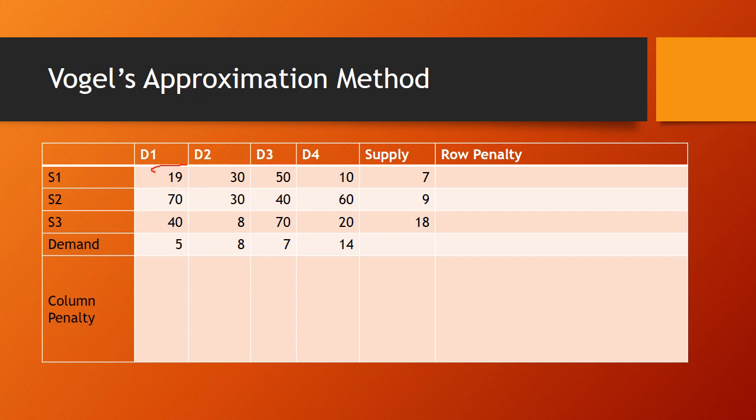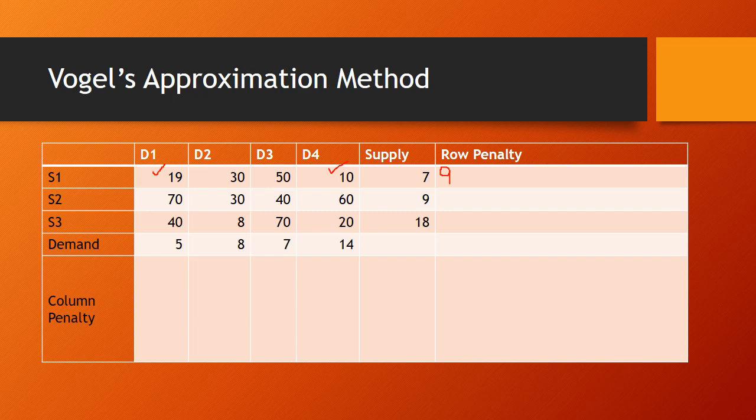In row S1, 10 is the least value and 19 is the second least value. Penalty will be the subtraction of the least value from the second least value. So here the penalty will be 19 minus 10, which is equal to 9.